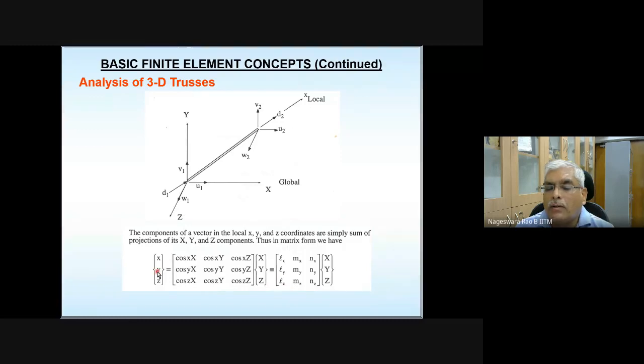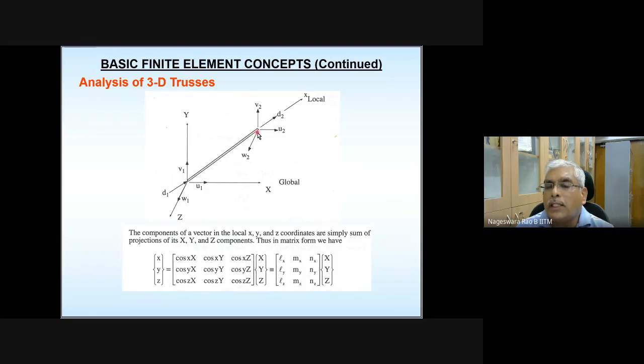And I told you these two, small y and small z axes, are defined for completeness, but we have only this small x axis along the centroid, which coincides with the centroidal axis of the bar element.